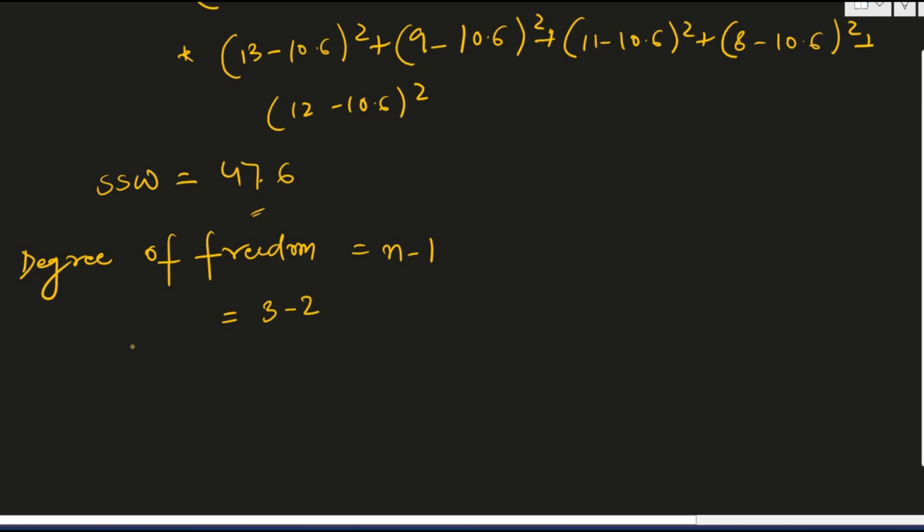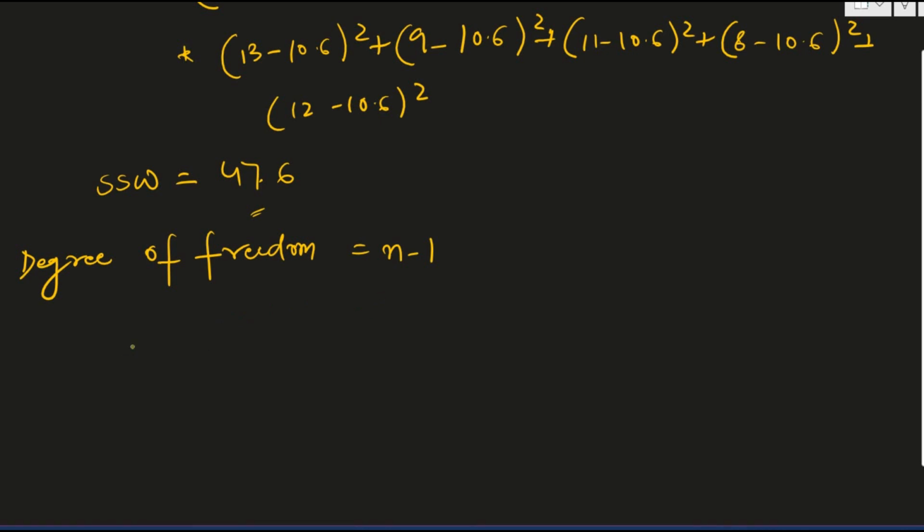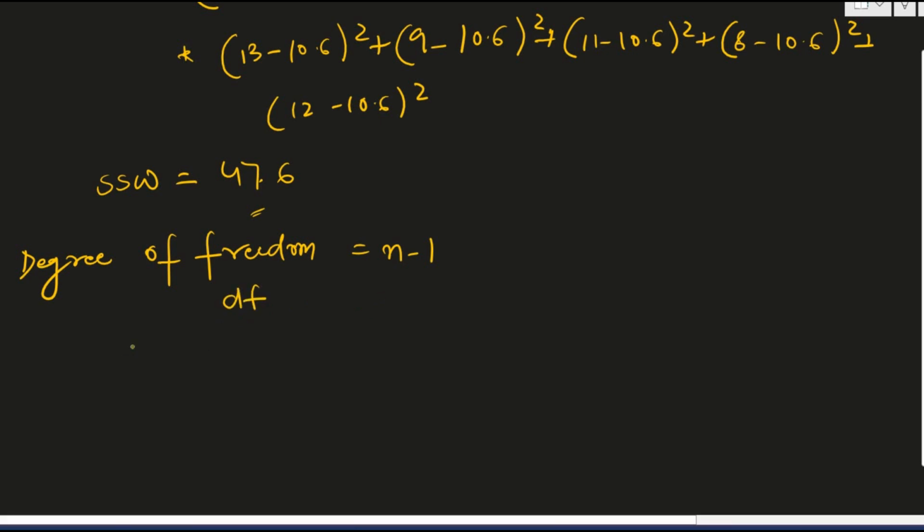We have three groups, so 3 minus 1 is 2. So the degree of freedom between the groups will be n minus 1, which equals 2.